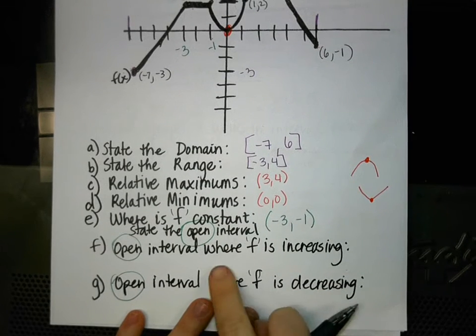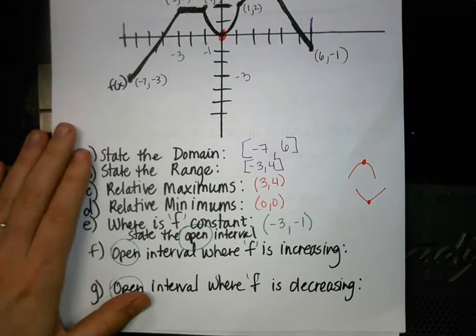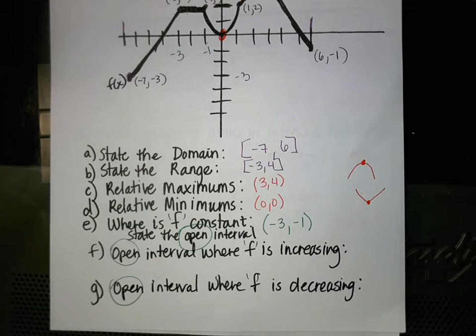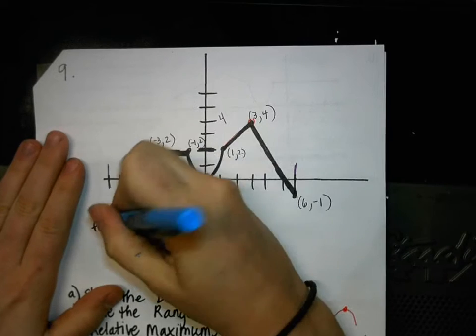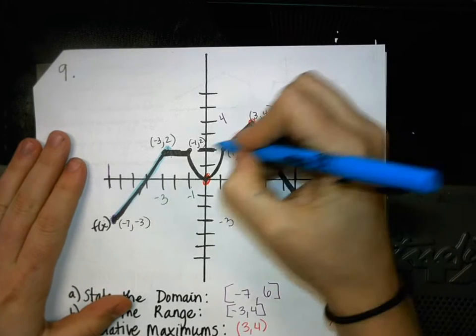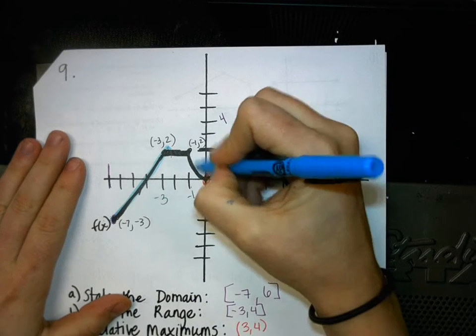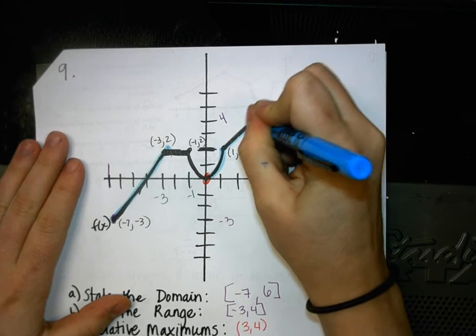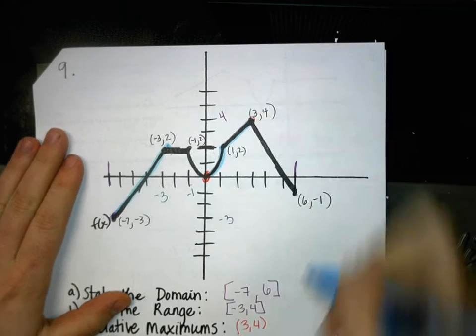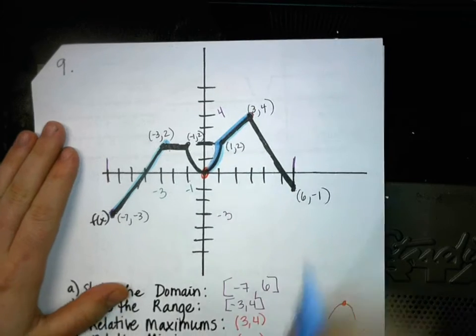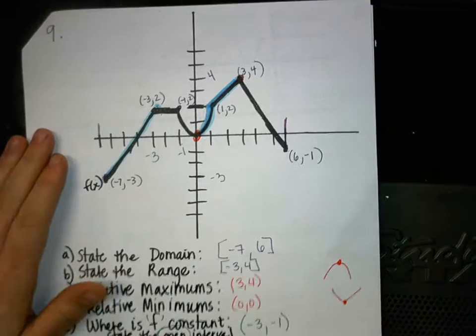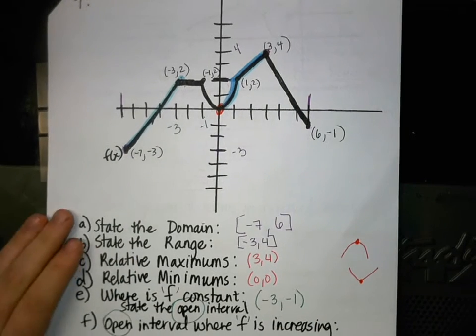We're going to list where f is increasing, so let's go ahead and highlight all of the increasing portions of this function. Starting from the left, we have one piece that's increasing there, then we're constant, decreasing, increasing, and then decreasing again. So even though this is two separate pieces, it continues to increase along all of those x values.